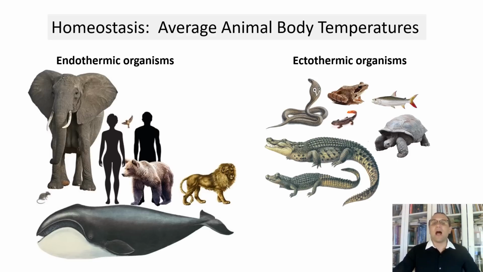Think about some large animals: elephants, whales, and walruses. Their volume is so large that relying on the outside environment to heat them up would be insufficient and would slow their response time, putting their survival at risk. For that reason, nearly all large animals are warm-blooded.